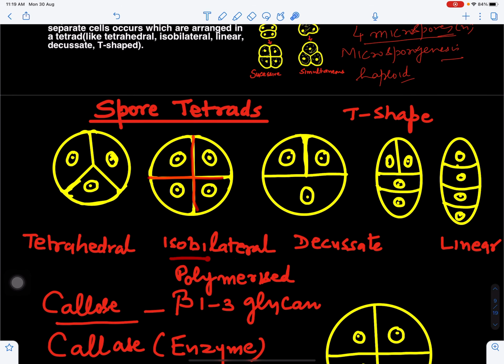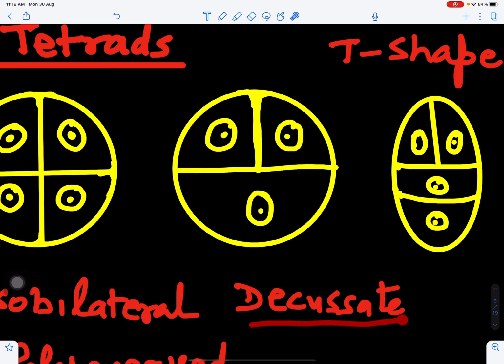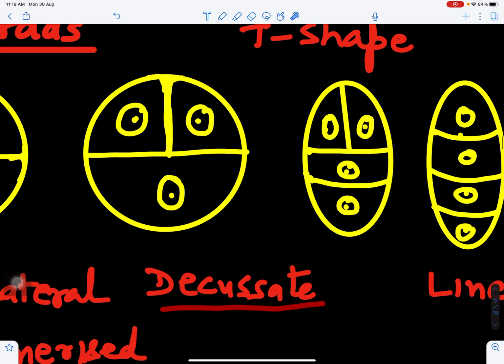So this is isobilateral. And when this is one microspore, this is the second microspore, and this is the third, and the fourth will be at a right angle, I mean two and two are at right angles to each other, this is called decussate. Now this may be a T-shape arrangement like this. We can see here, these are two microspores, and this is the third, and this is the fourth. Or this may be an inverted T-shape.